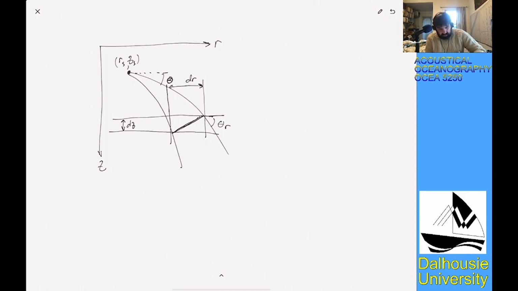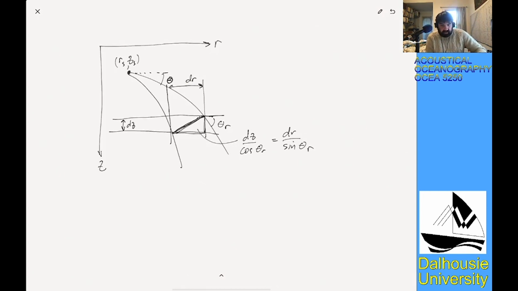And so in here, we have dz over cos theta_r equal to dr over sine theta_r.